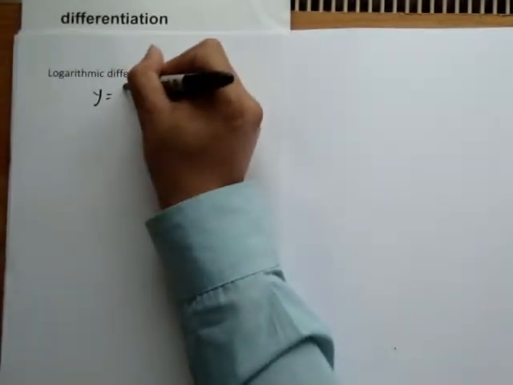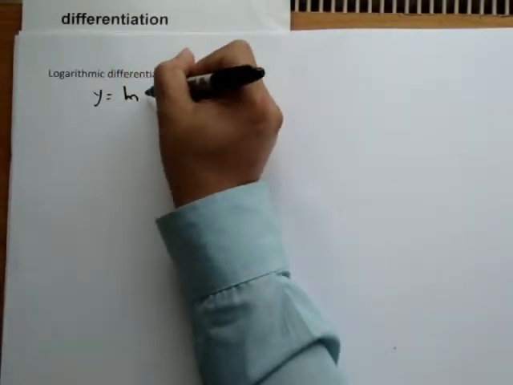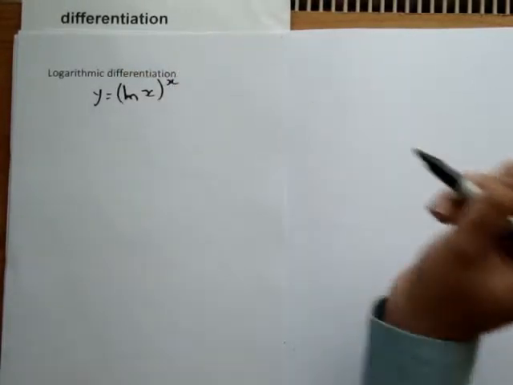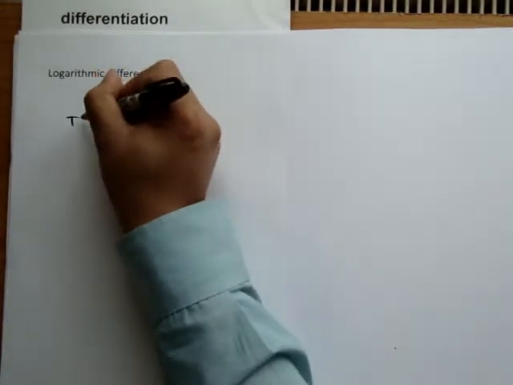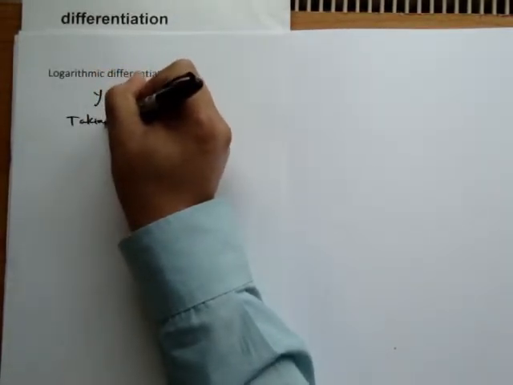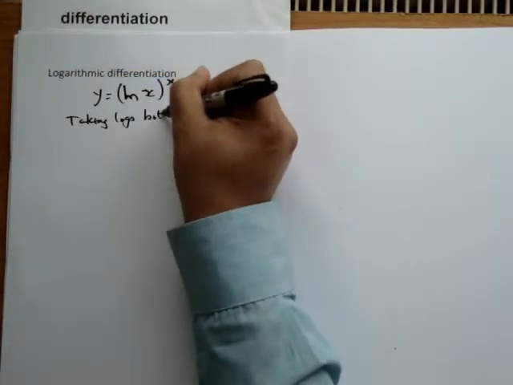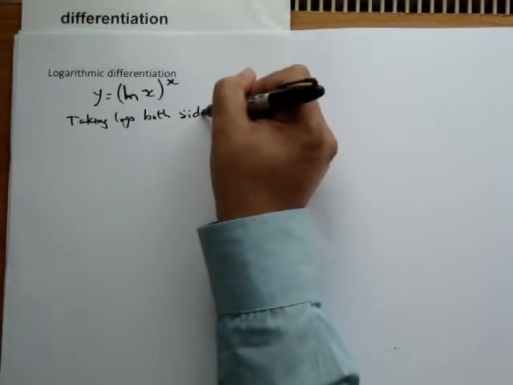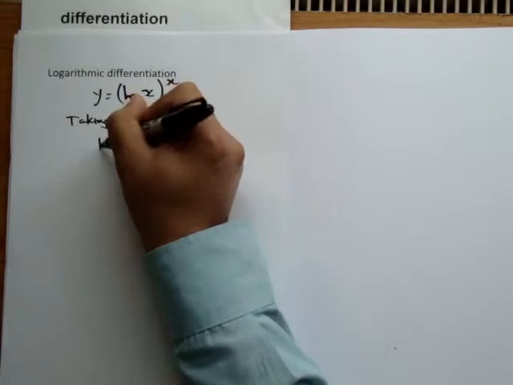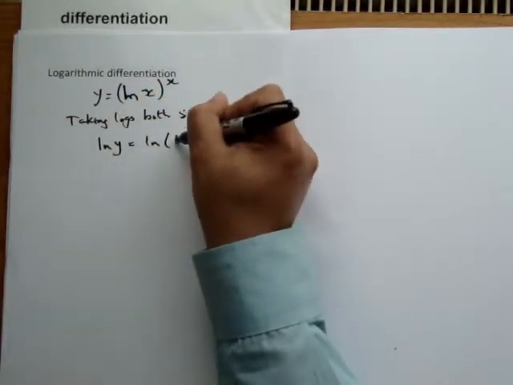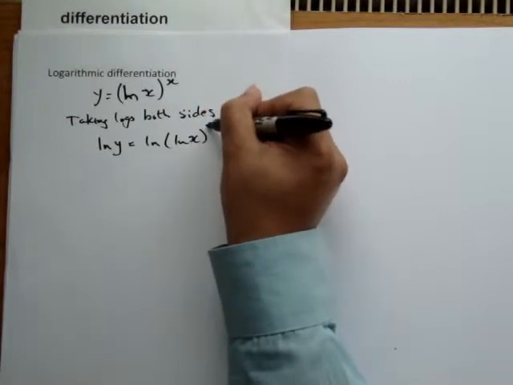y equals natural log of x to the power x. So taking logs both sides, natural log of y is natural log of x to the power x.